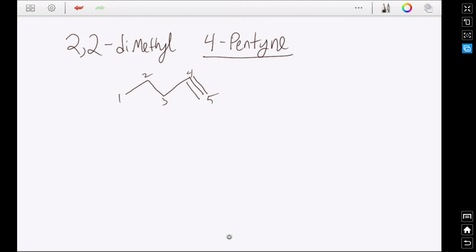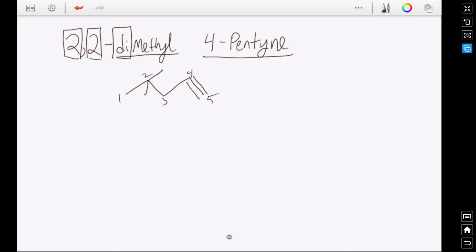Then, at the 2-carbon, notice I've got a dimethyl. Dimethyl means I've got 2 methyl groups, and they both appear at the 2-carbon. So I can just do a branch there, and a branch there. That takes care of my 2 methyl groups, and they're both located at 2, 2. The di just tells me I've got 2 methyl groups, but I guess you don't really need it because you've got the locations of the methyl groups.